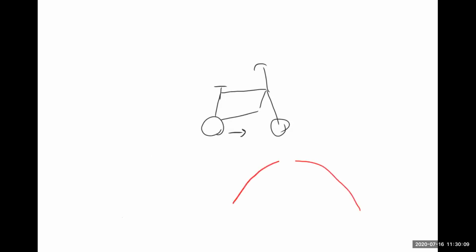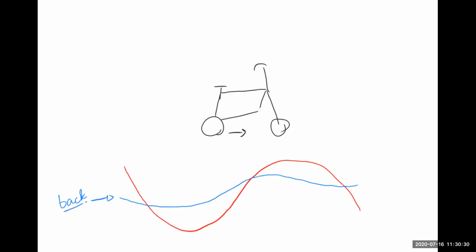Because the back wheel always follows the front wheel, the back wheel is the one which is kind of shorter and has less variation. So if this is a trace of a bicycle, the blue one should belong to the back wheel, the back tire, and the red one should belong to the front one, okay? Because it always follows the one in front, it doesn't have as much variation as the front wheel.